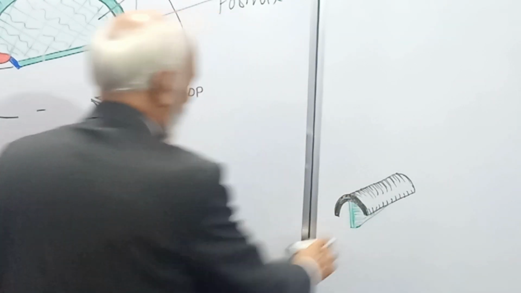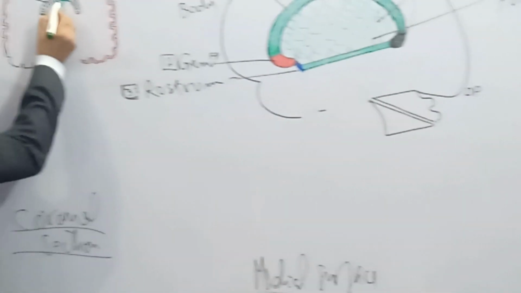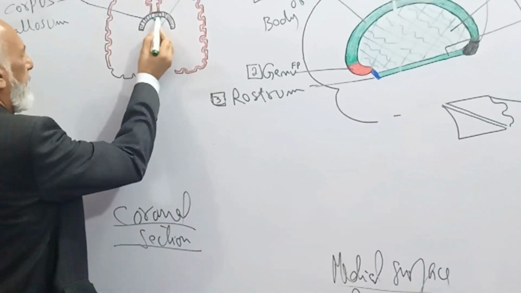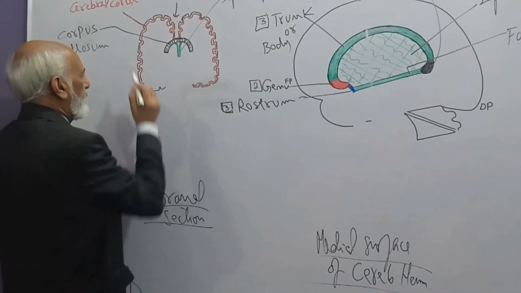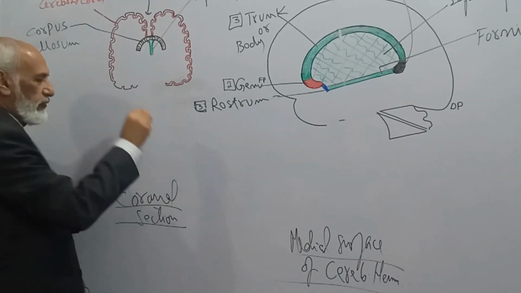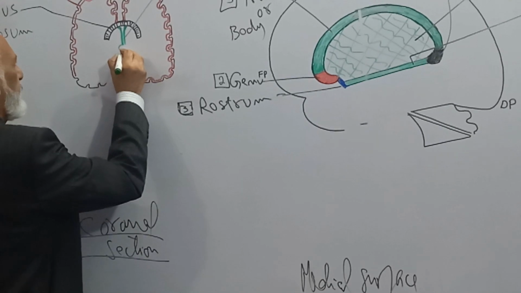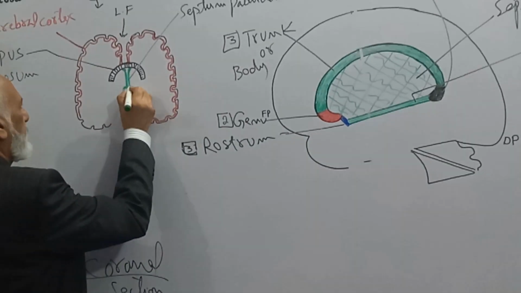And this is the lower free border of the septum pellucidum. In this section, you can see above it is attached to the middle of the inner surface of the corpus callosum. These two laminae of the septum pellucidum descend, and at the lower end, a structure is attached known as the fornix.